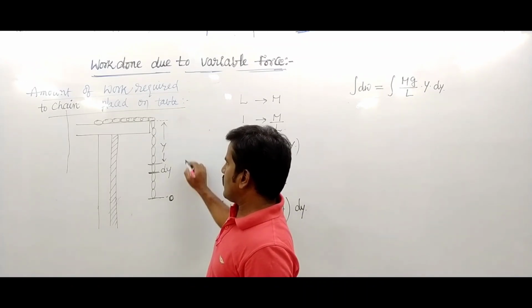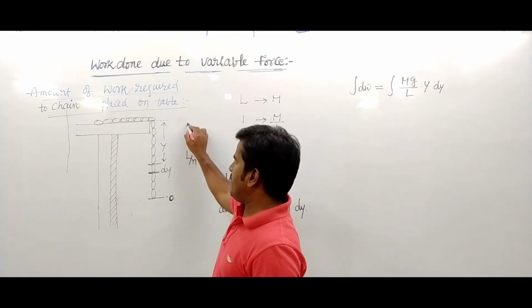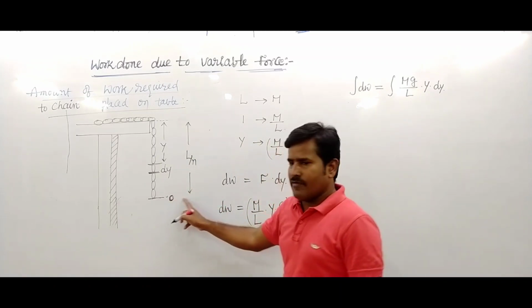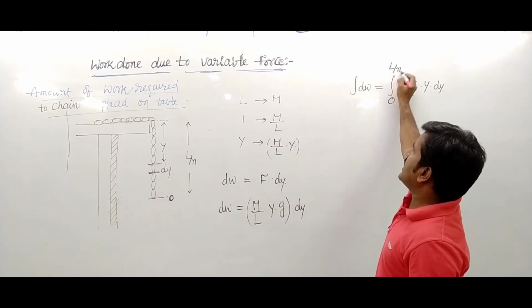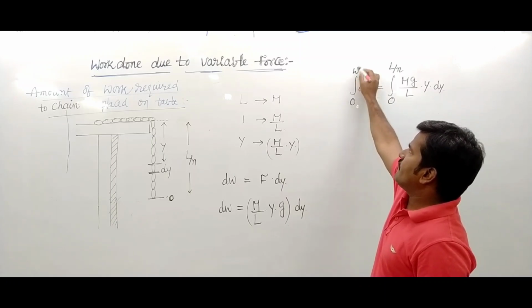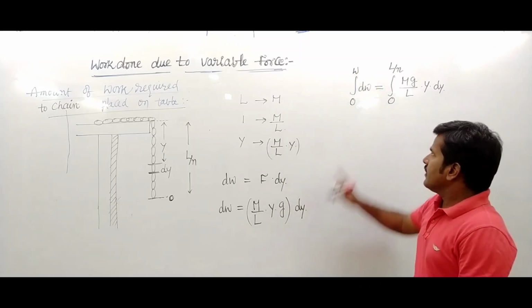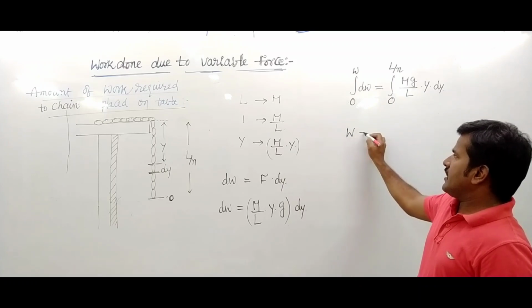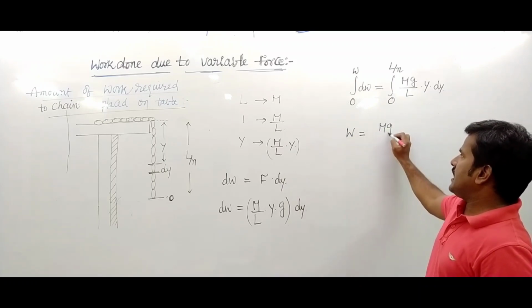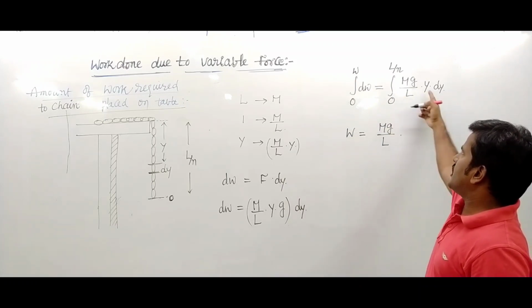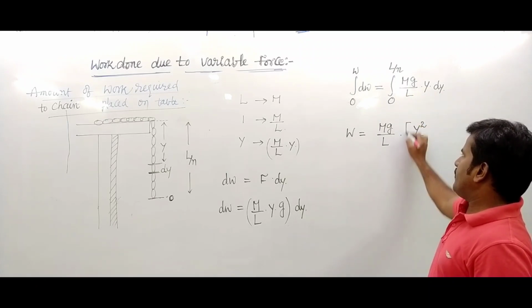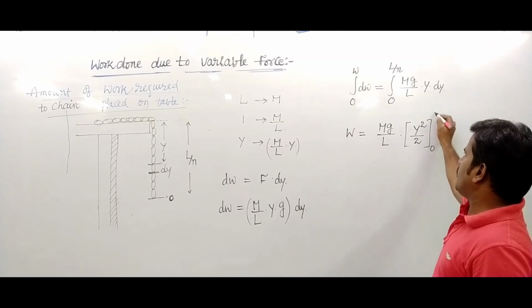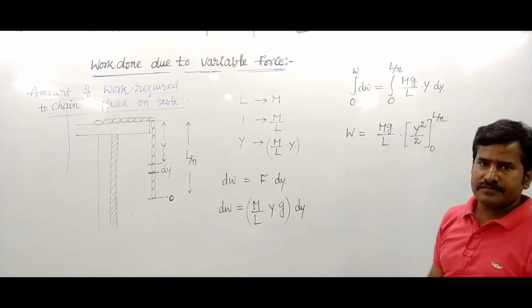That means the total displacement is L by N. The lower limit is 0 and the upper limit is L upon N. Initially the work is 0, final work is W. Then W equals mg upon L times the integration of y dy, which is y square by 2, with limits from 0 to L upon N.